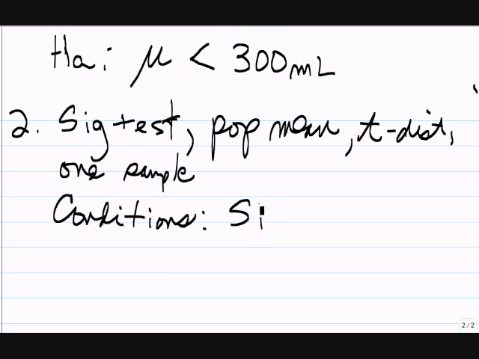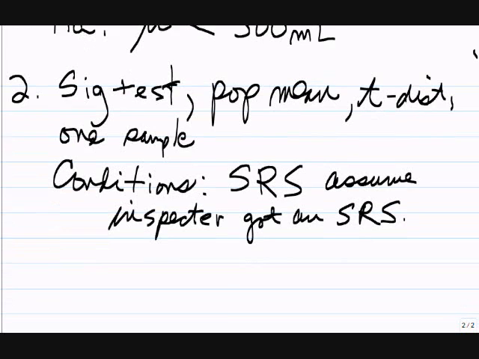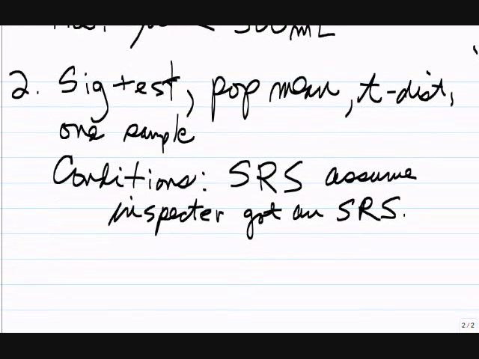Conditions. SRS. We're going to assume the inspector got an SRS, even though it was just 6, because they're inspectors. They should be getting a simple random sample. Normality.